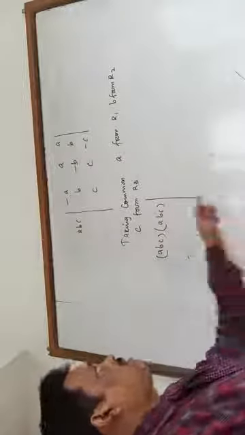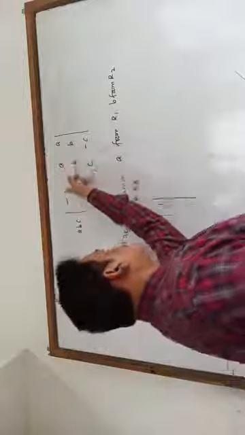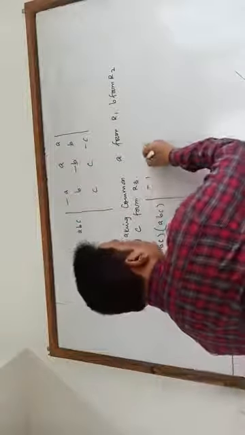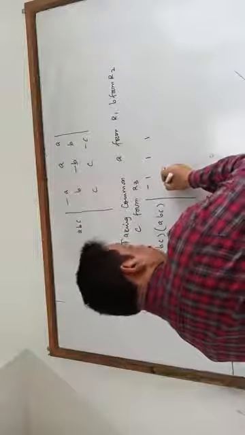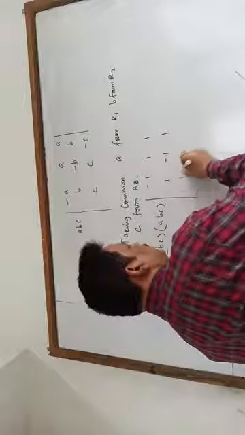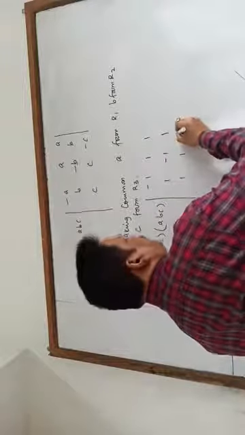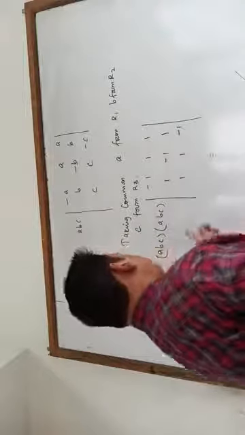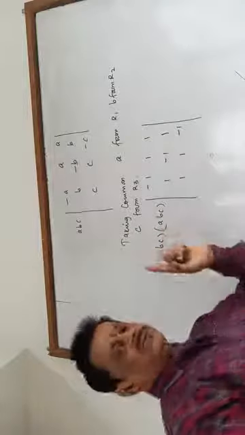What is left out? It will be minus 1, 1, 1; 1, minus 1, 1; 1, 1, minus 1. Now you got a square, b square, c square.